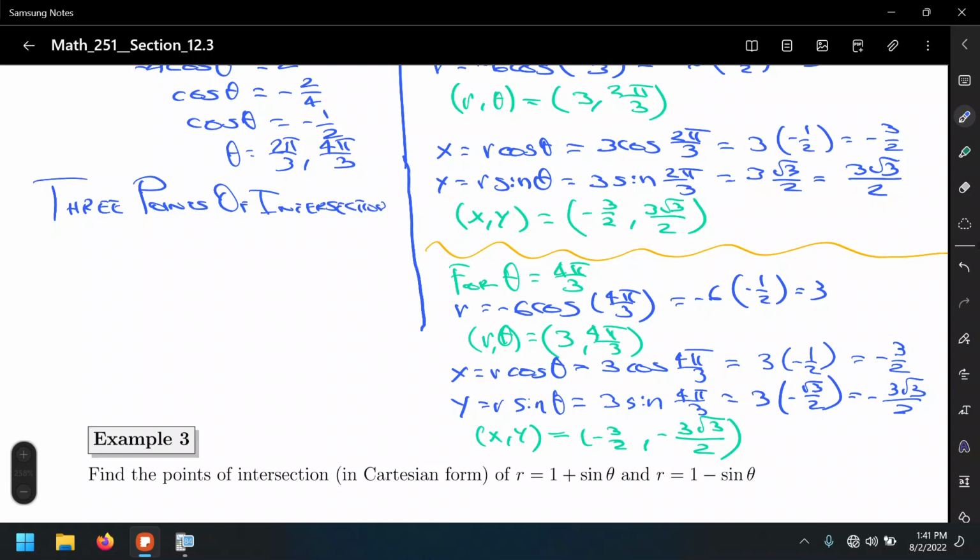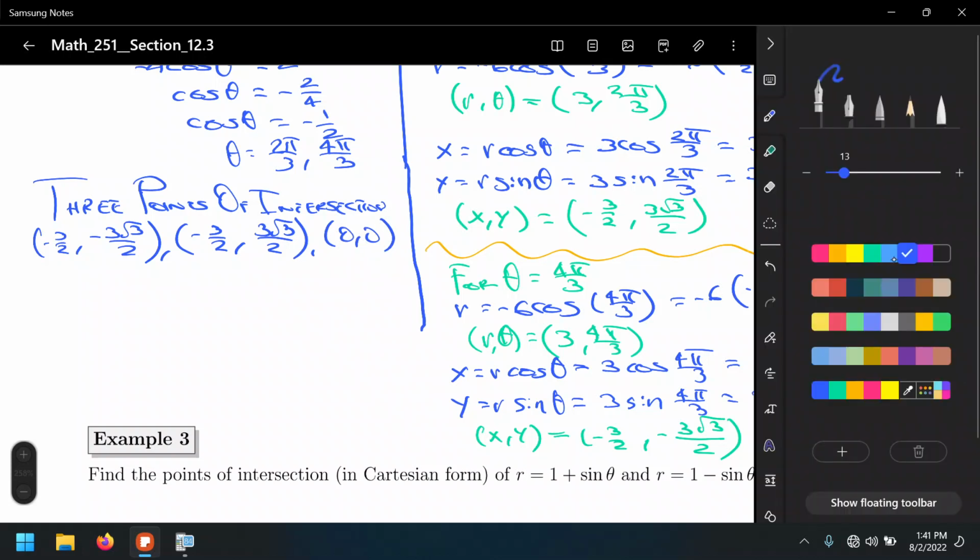And I'm going to list only the rectangular ones. So one is going to be -3/2, -3√3 over 2, and -3 over 2, comma 3√3 over 2, and 0, 0. And well, let's highlight something here.